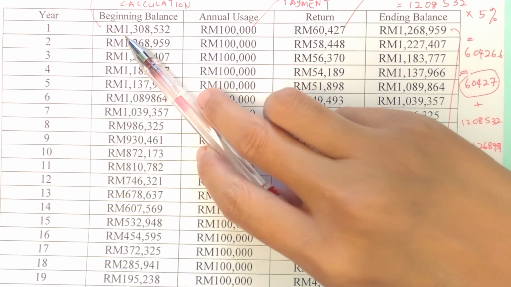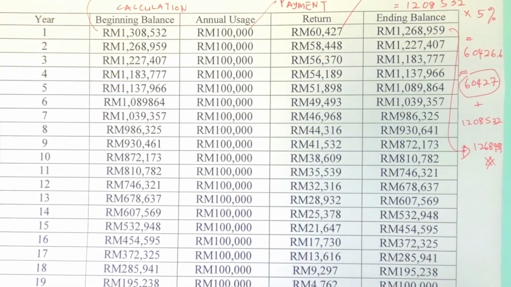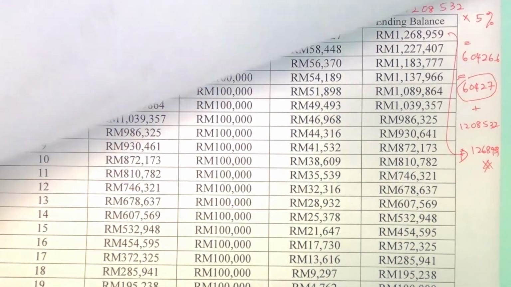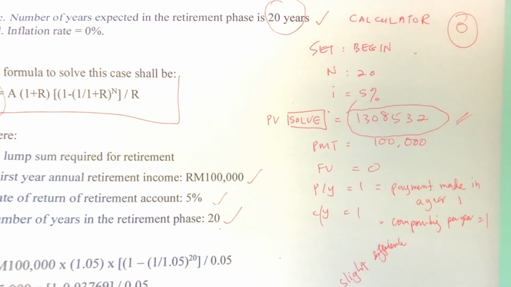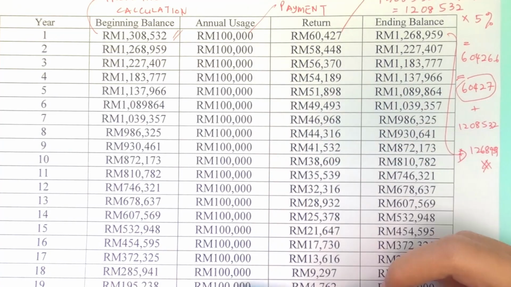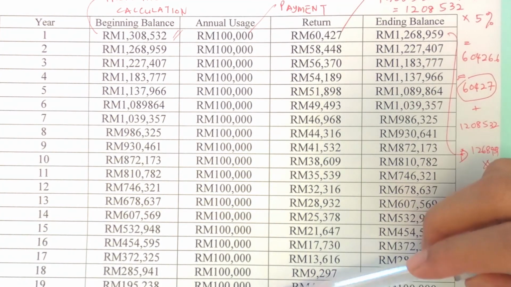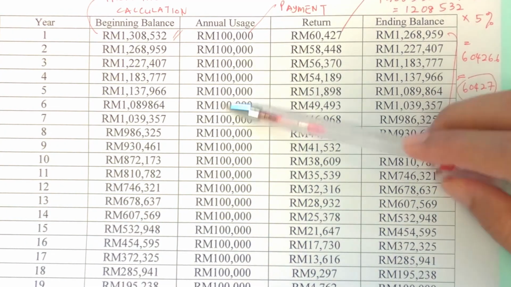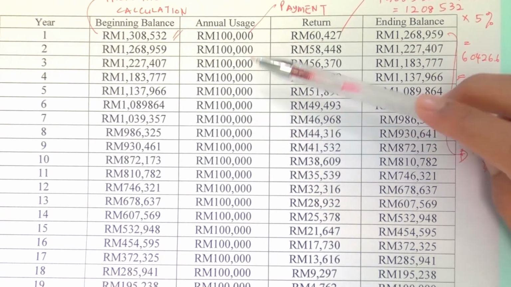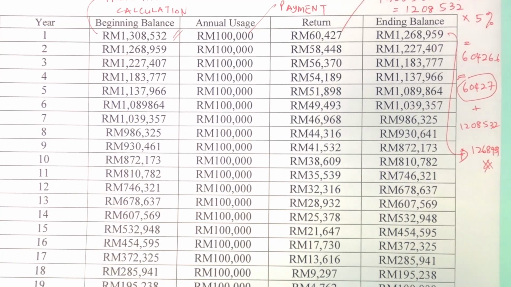As for year 1, you can see the beginning balance is 1308532, and this is similar to the one from our calculation using the calculator. The annual usage is 100,000. Over 20 years, the annual usage is similar. In this example there is no inflation, so every year the annual usage is fixed at this amount.